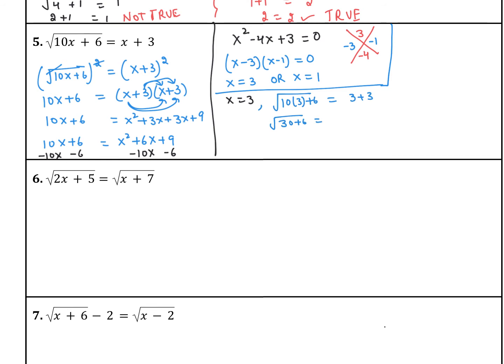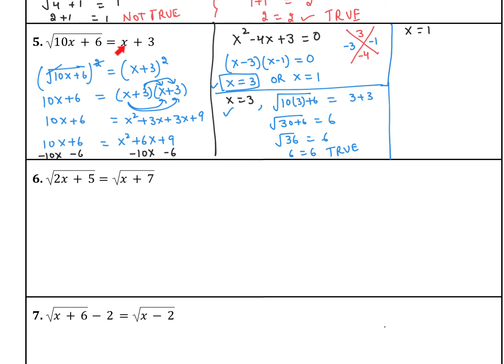On the other side you get 6. Square root of 36 equals 6, so 6 equals 6, and that is true. So it means that x equals 3 is our solution. So this is yes.